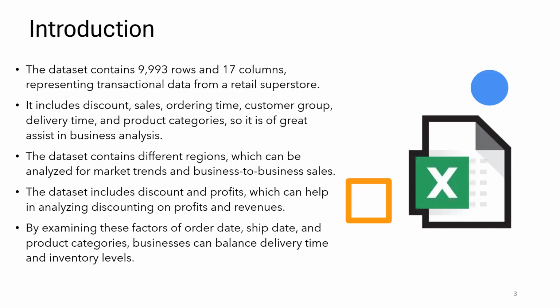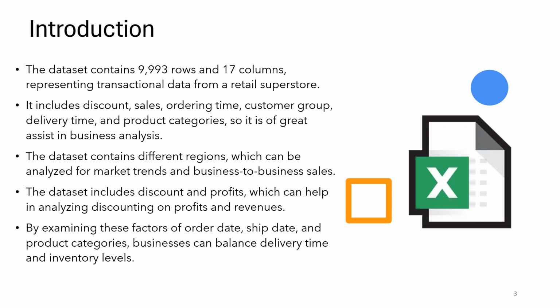The first is introduction. The dataset contains 9,993 rows and 17 columns representing transactional data from a retail superstore. It includes discount, sales, ordering time, customer group, delivery time, and product categories, so it is of great assistance in business analysis.